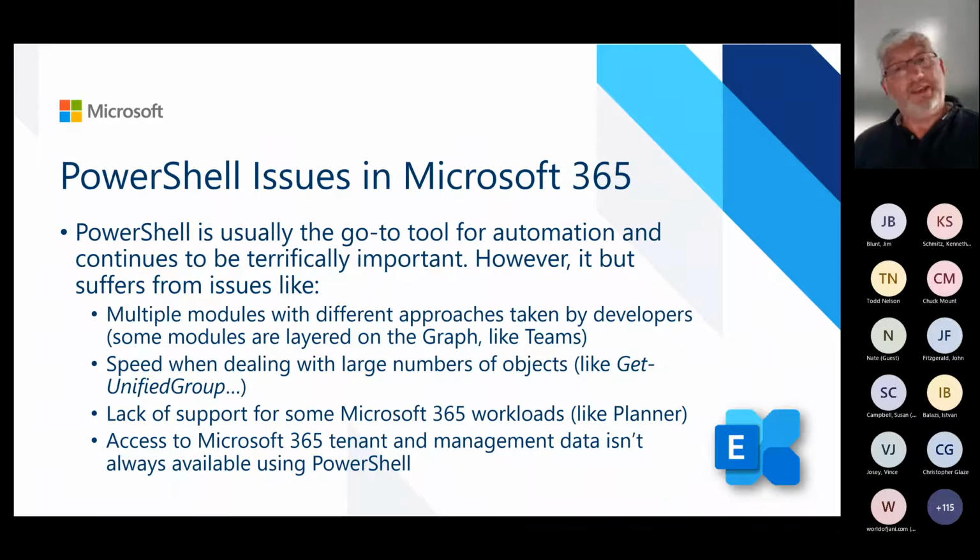Because it's figuring out all of the links with SharePoint, how many group members there are, and how many guest members are in the group. All of this has to be brought together by the commandlet. Sometimes you don't need that, and it's better to just get the group object itself and then figure out how to process it later on.